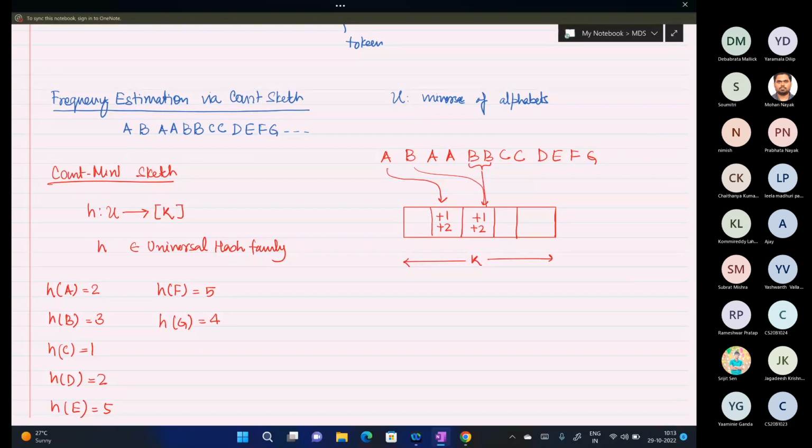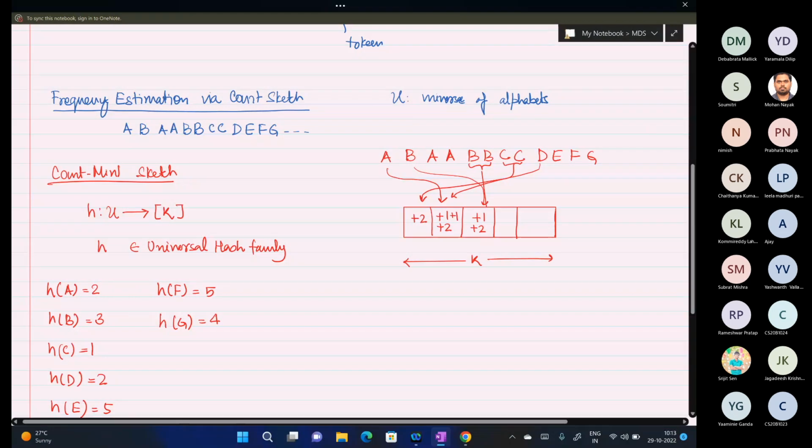C maps to the first bin, so these two will go over here and add +2. D goes to the second bin, so this adds +1. E goes to the fifth bin, +1. F goes to the fifth bin, +1. And G goes to the fourth bin, +1. So overall, the sketch will look like this.